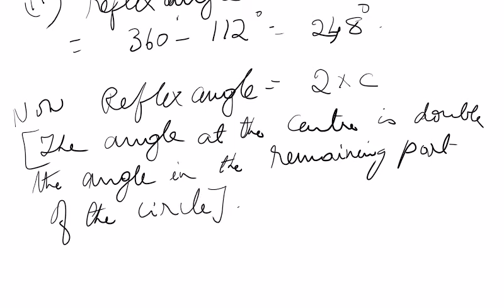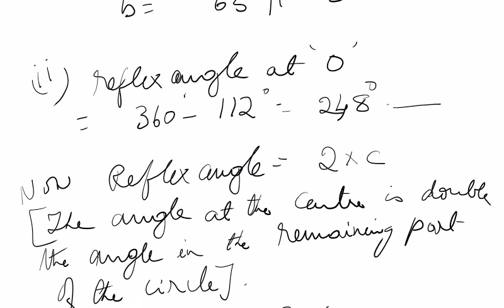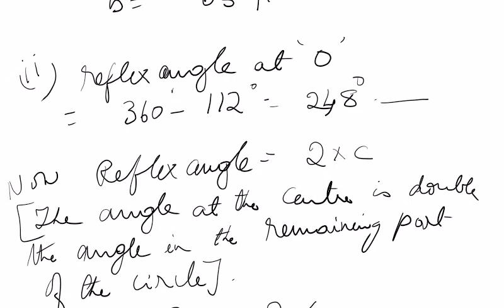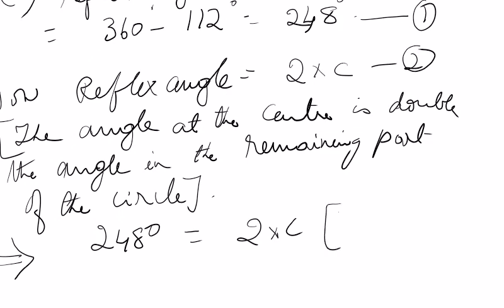Okay, so this implies that reflex angle is 248 degrees. So 248 degrees is equal to 2 into C. Suppose this you give as, did we give equation 1 in the previous? No. Okay. For the second question, this is your equation 1, this is your equation 2. So from 1 and 2.